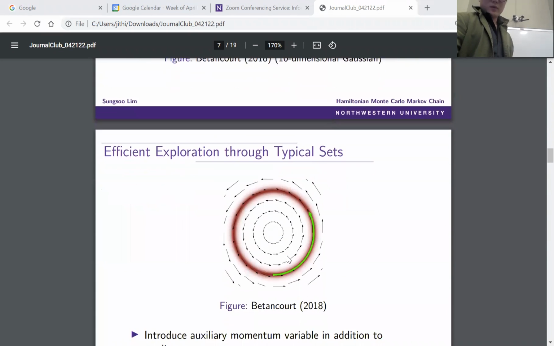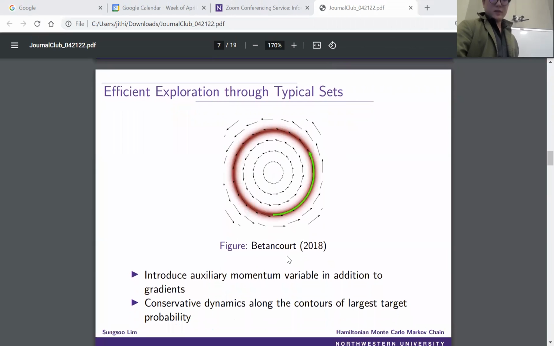So what they call the typical sets, we want to concentrate our computational resources on those regions of high probability. In higher dimensional cases, there are these contours in the typical sets that we can integrate around to obtain the samples.